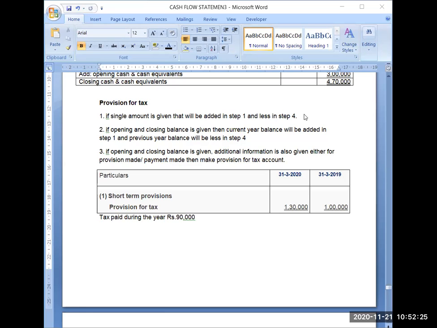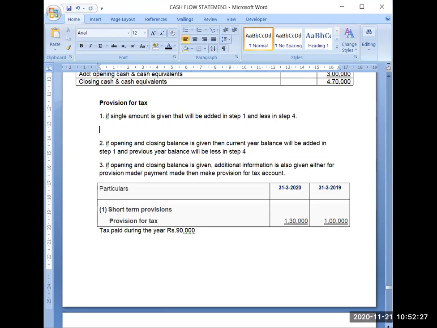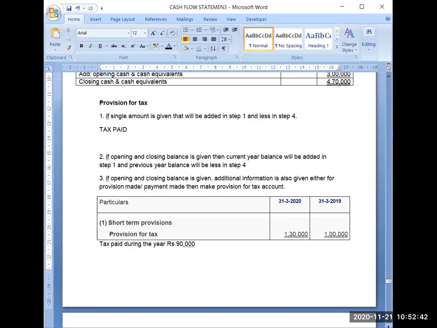What is step 1 and step 4, that also you have to remember. I will just remind you. Either you will be given in the question information about tax paid, or you may get in question information regarding provision for tax.